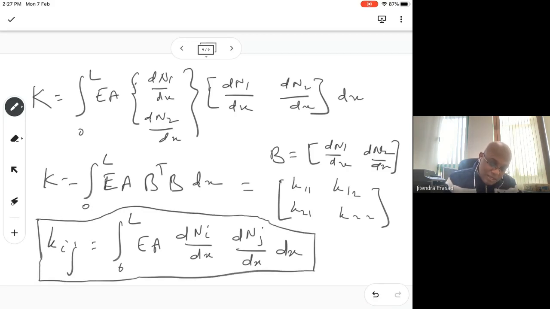This tells you how these individual stiffness matrix components can be calculated, for i equal to 1 to 2, j equal to 1 to 2.